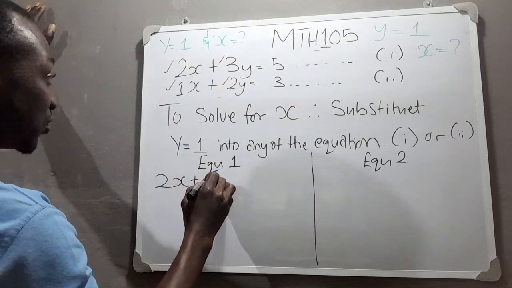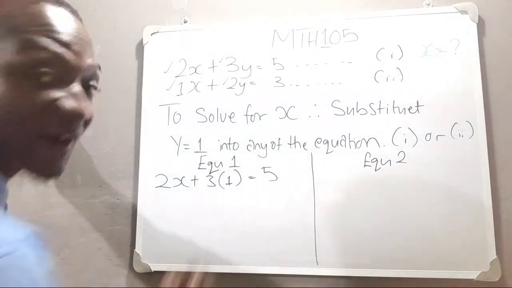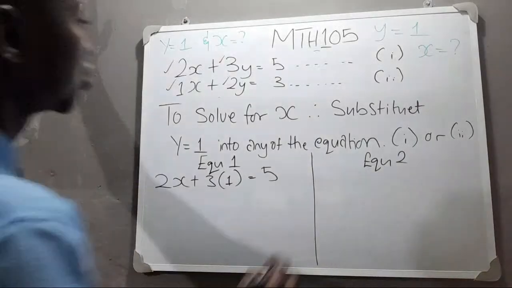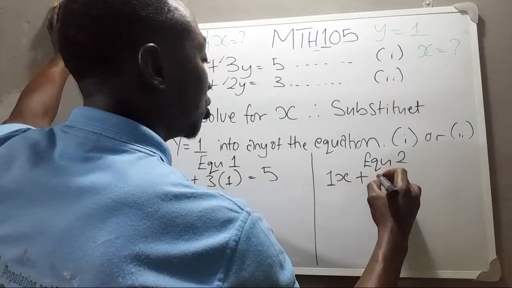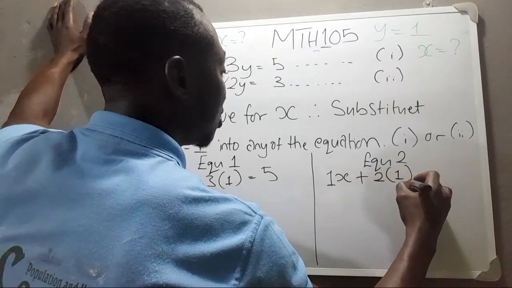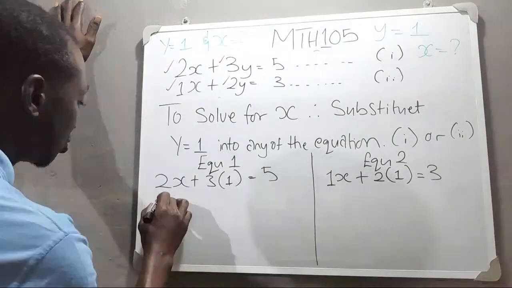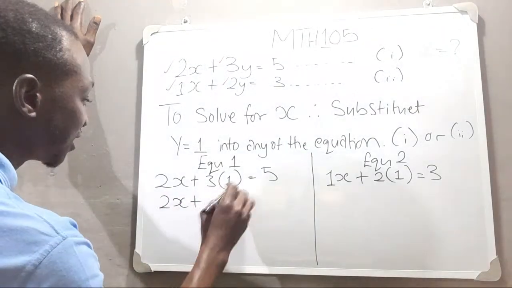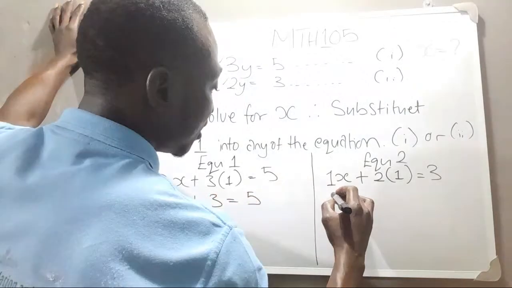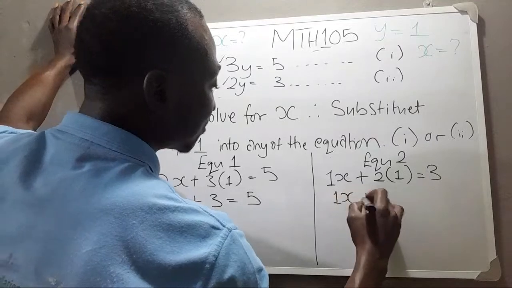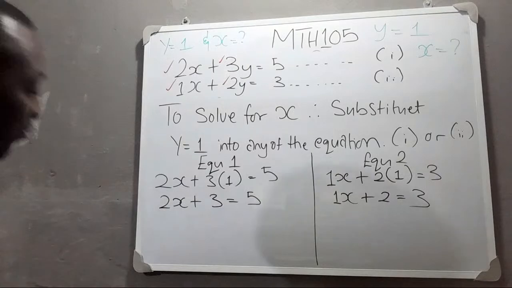So in equation 1, we have 2x plus 3 into bracket 1 equals 5. In equation 2, we have 1x plus 2 into bracket 1 equals 3. Now we have 2x plus 3 times 1, 3, equals 5. We have 1x plus 2 equals 3.